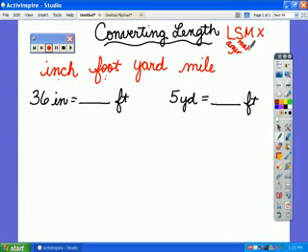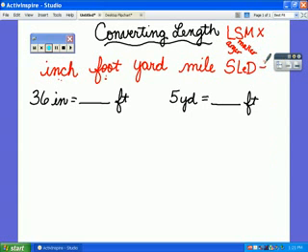We need to multiply. Now let's say that we are going from an inch to a foot. That is smaller to larger. So my saying is split, which is divide. So we go smaller to larger, and you divide.